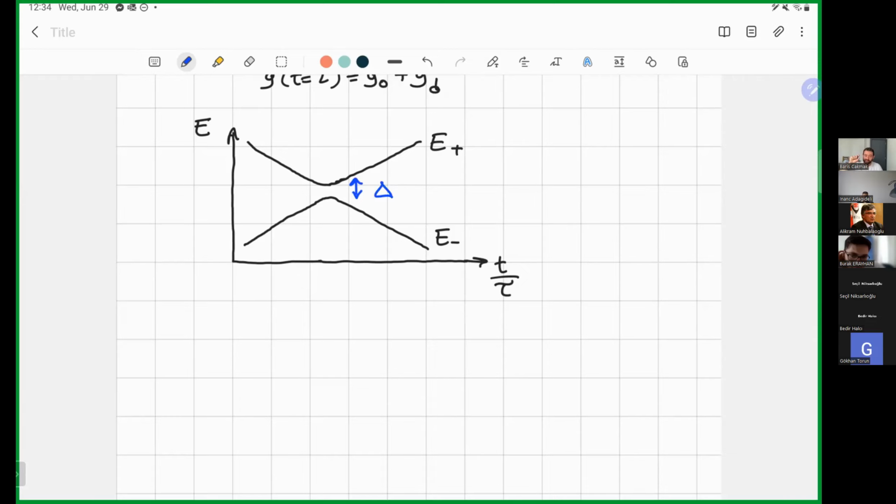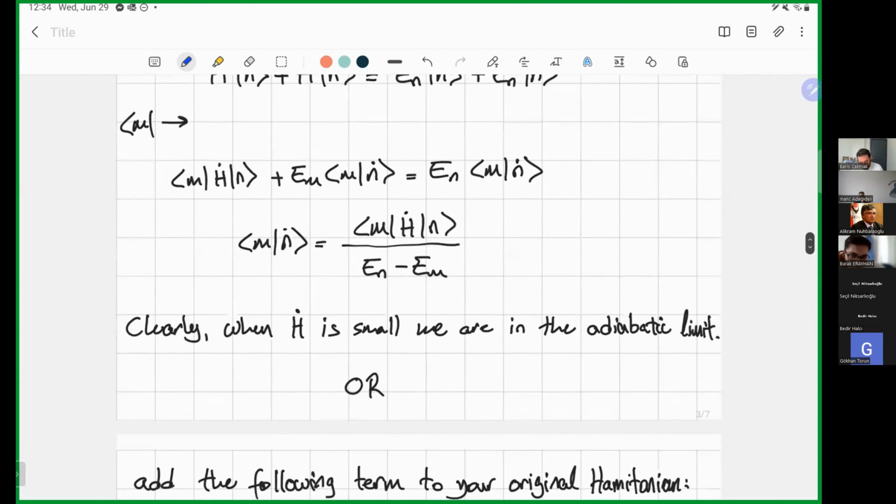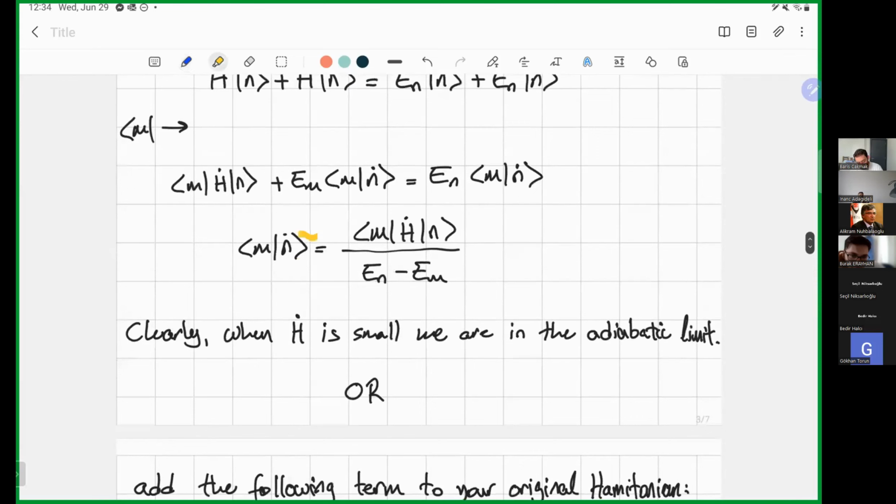So if you have it small, remember this term here, we discussed this yesterday. This is the term that was causing the problems for us in following the adiabatic limit. So if you have a small gap between the energy eigenvalues, in this case we have two, remember, so we have a single difference between them.